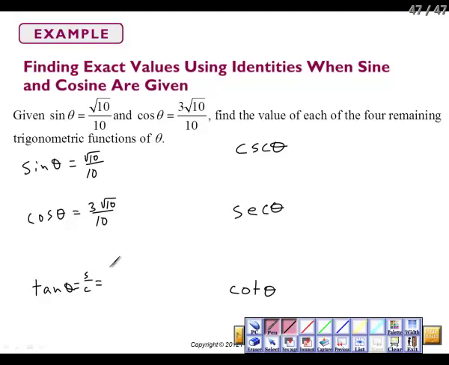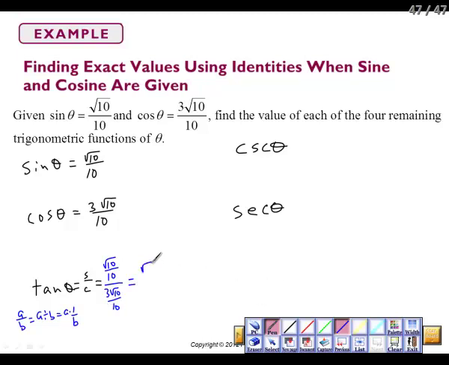So that'll be square root of 10 over 10 over 3 square root 10 over 10. And remember we said before that a over b equals a divided by b equals a times the reciprocal of b. So basically what we're doing is we're taking this denominator, and we'll go ahead and work through this long ways.